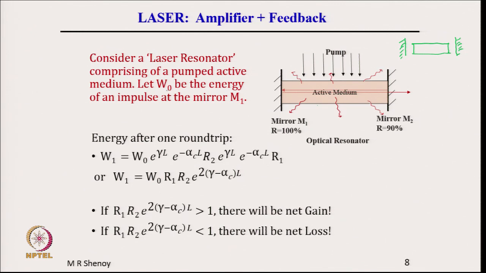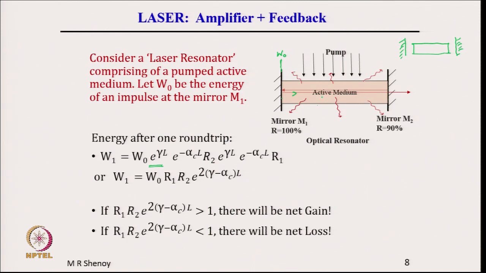If W0 is the energy of an impulse at the mirror M1 here, to begin with at t equal to 0, it is now propagating to the other end. As the impulse propagates to the other end, it gets amplified.